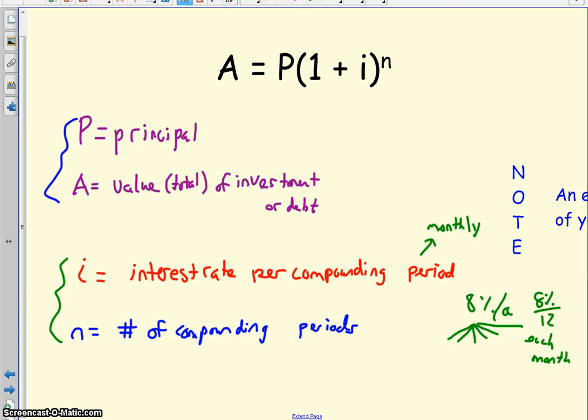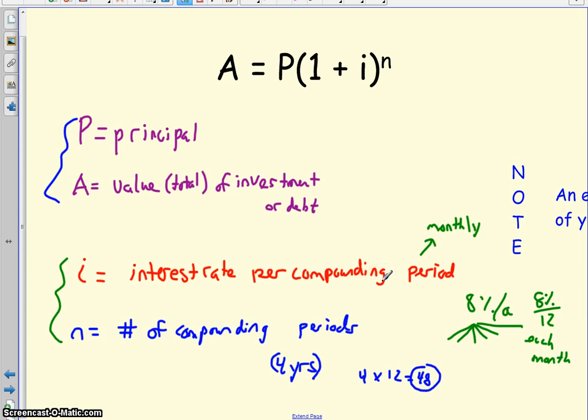Okay, and for the number of compounding periods, again, using our example, let's just say it's an 8% annual interest rate and it's compounded monthly. Well, let's say it's compounded for a period of 4 years. Well, you're not given the interest 4 times, you're given the interest every month for 4 years, so it's going to be 4 times 12, so 48 times the interest is calculated and added onto the investment.